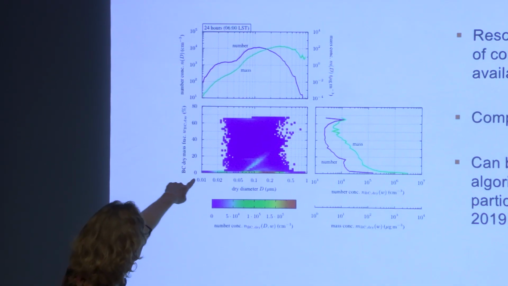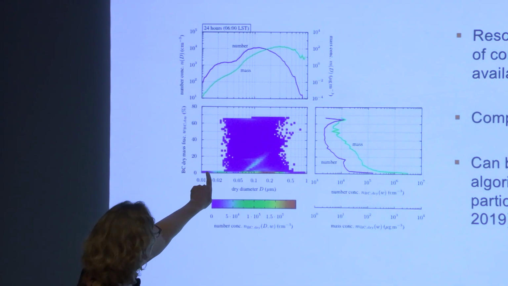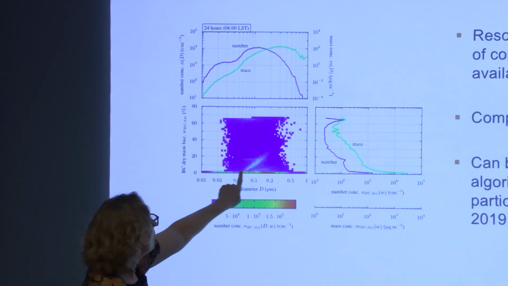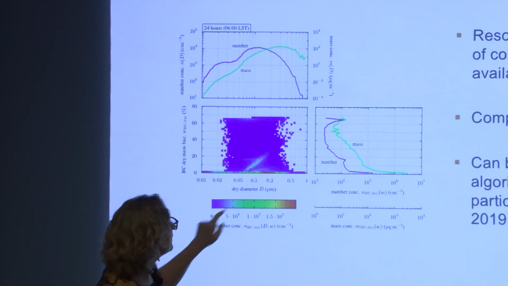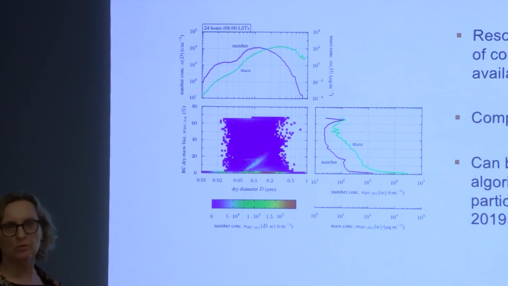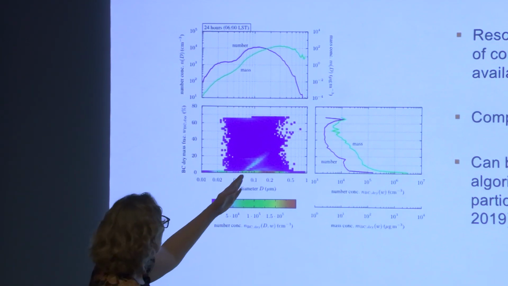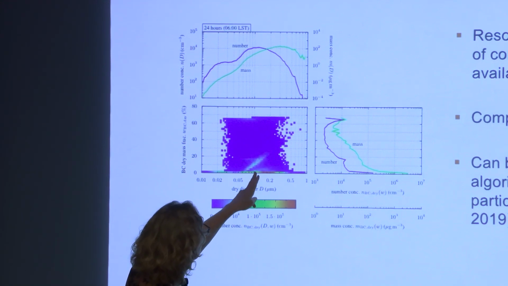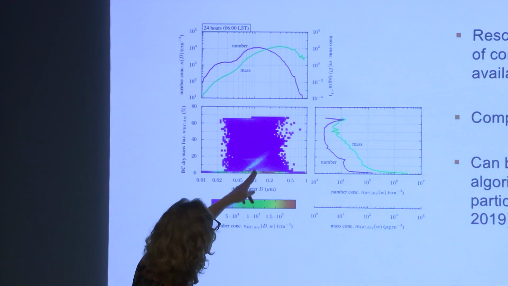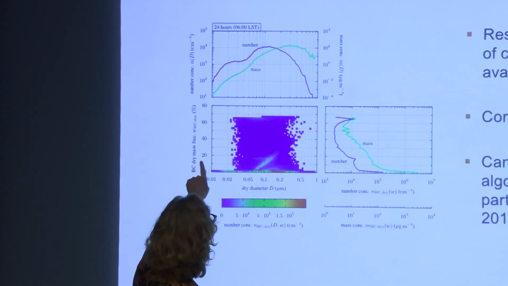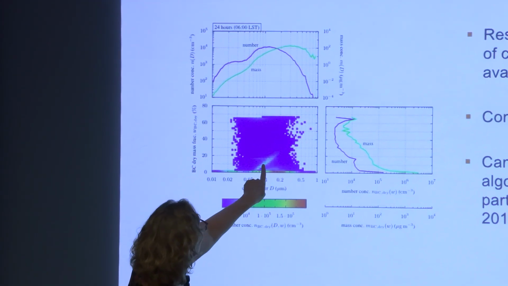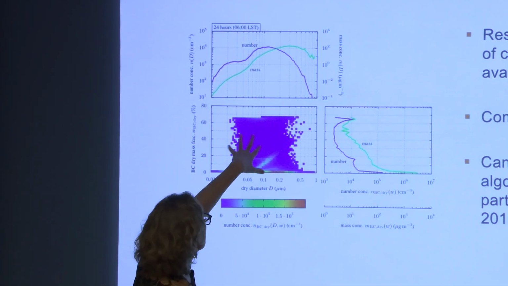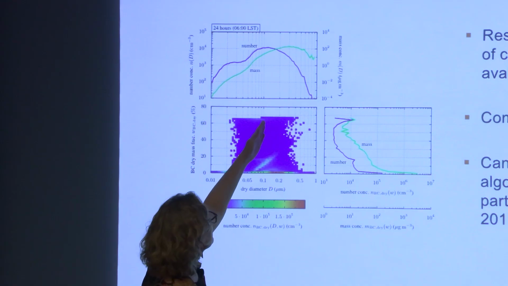And so you see, I don't know if you can see this from the back, but there is like a line here where black carbon mass fraction is very low. And there's red colors right here. So there are a lot of particles that actually don't have any black carbon in this simulation. And then if you go to a certain size, so 0.1 micrometer, 100 nanometer, there's a whole continuum, a little maximum here. So lots of particles have, let's say, 10% black carbon. And there's many particles that have all kinds of different mass fractions, right?